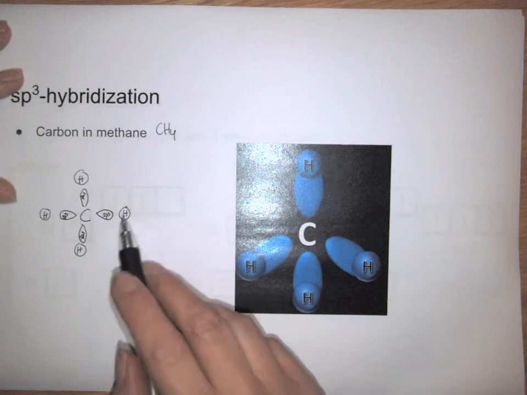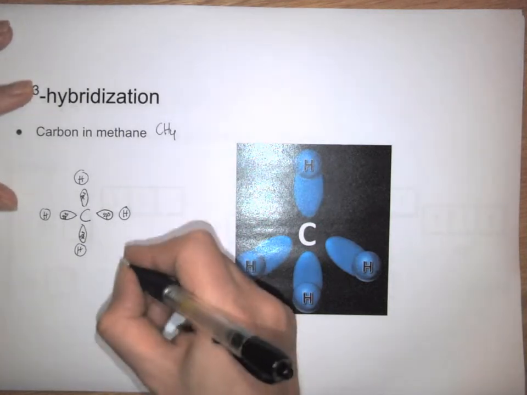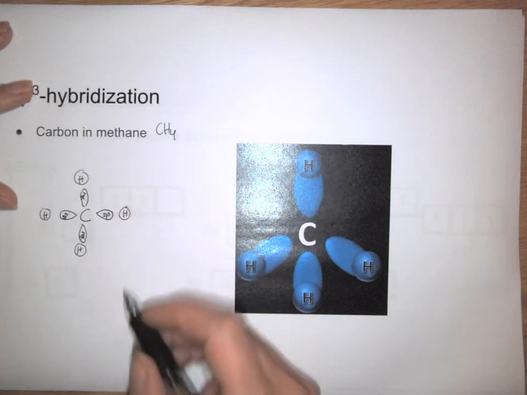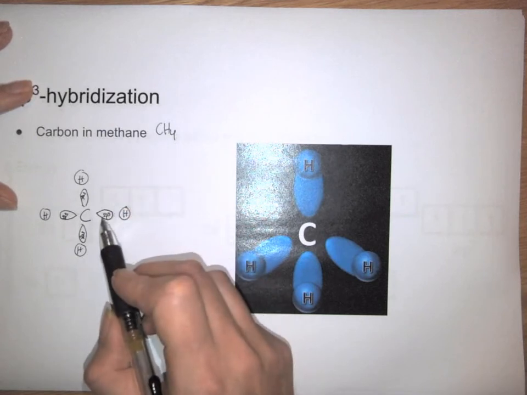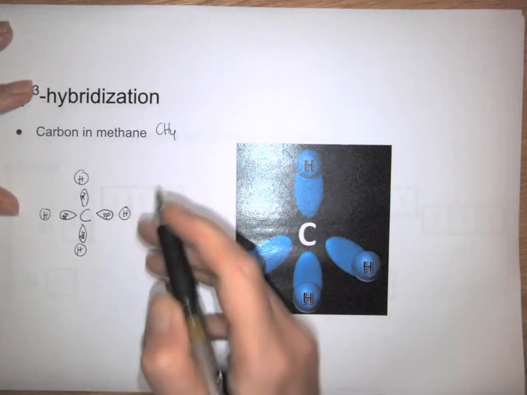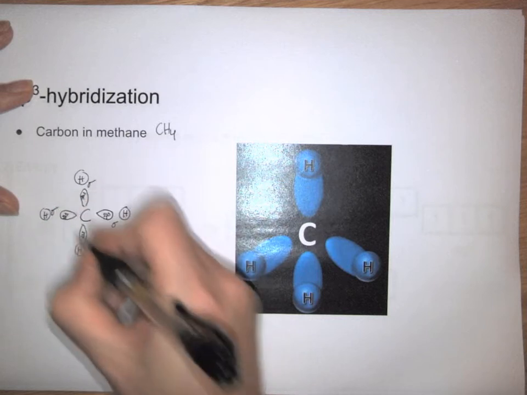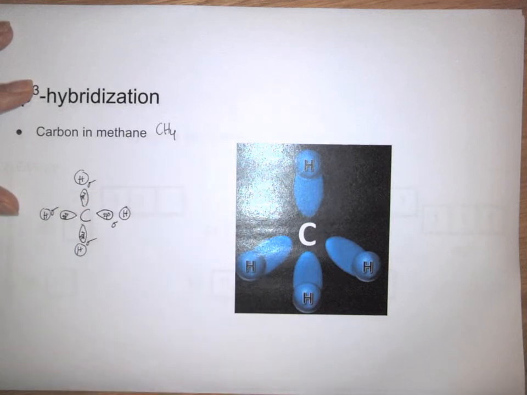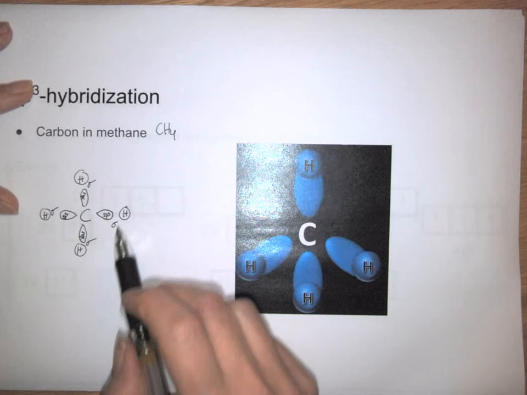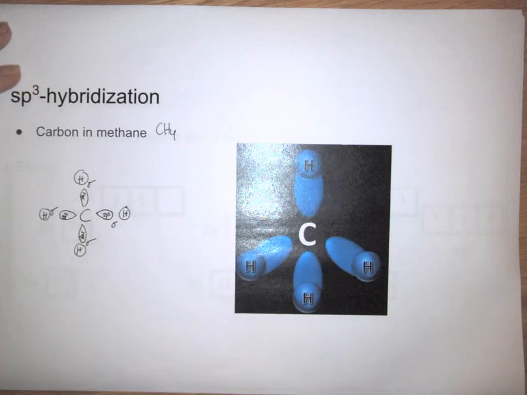We can see that the sp3 to the s orbital will create a sigma bond. So we have 4 sigma bonds between the hybridized sp3 orbitals and the s orbitals from the hydrogen. So now we understand more of how this sigma bond can be created between the carbon and the hydrogen in methane, for example.